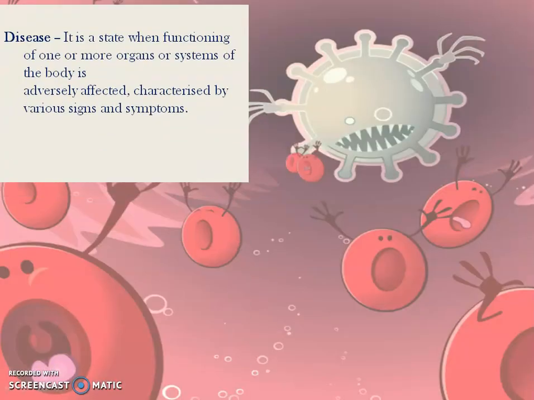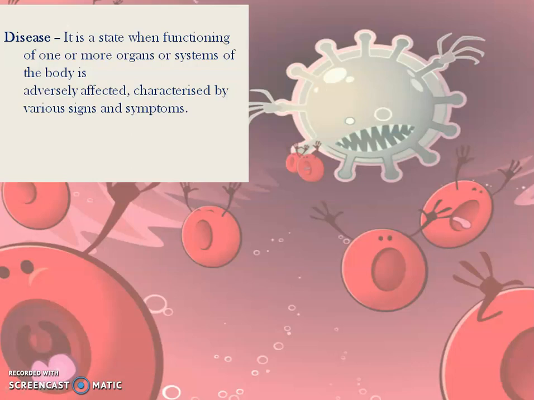Now let's have a look at what is known as a disease. Disease is a state or condition where the proper functioning of the different organs and organ systems of our body is negatively impacted. Diseases are generally characterized by an array of signs and symptoms with the help of which it is possible to understand what type of disease has occurred in an individual.